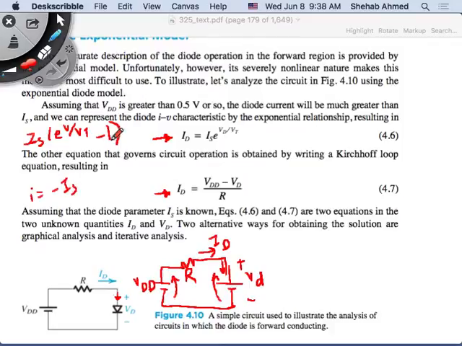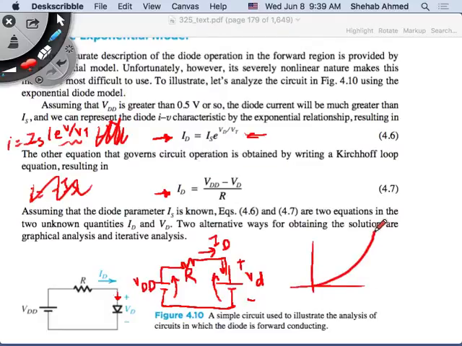That's what this -1 was buying me. This became 0, and this minus became outside. But if I'm operating only in the forward mode, then I don't care about this -1. I don't have a negative voltage anymore, so I just drop this. So I have I is equal to IS e to the V diode over VT, which is the thermal voltage. It's a constant at a specific temperature, and that's it. That's one equation. That's modeling my characteristic.